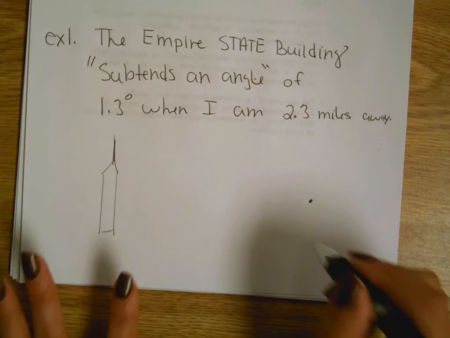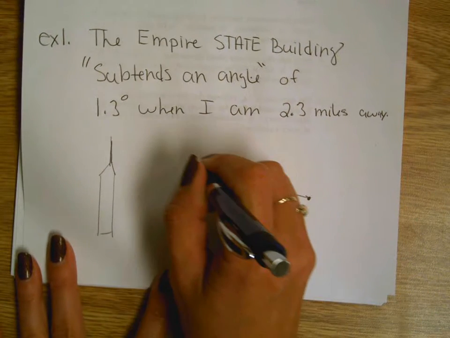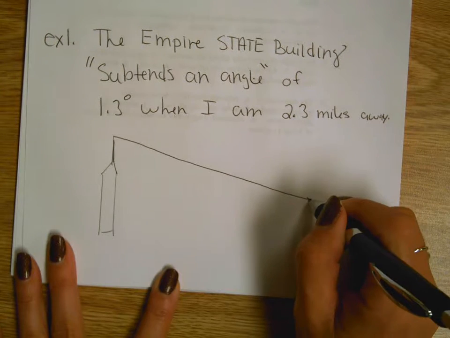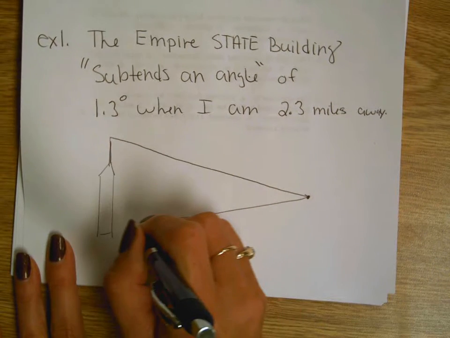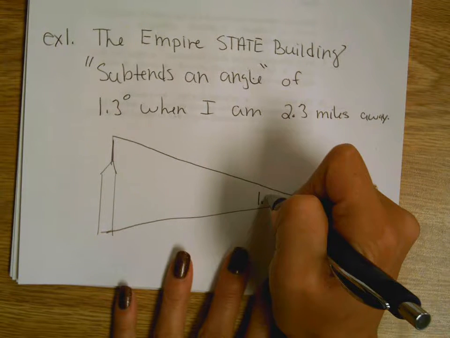Now realize my picture's not even close to scale because this is only supposed to be 1.3 degrees from the top to the bottom. Subtends an angle means it creates that angle when you are at the center of a circle measurement. So technically this is 1.3 degrees.